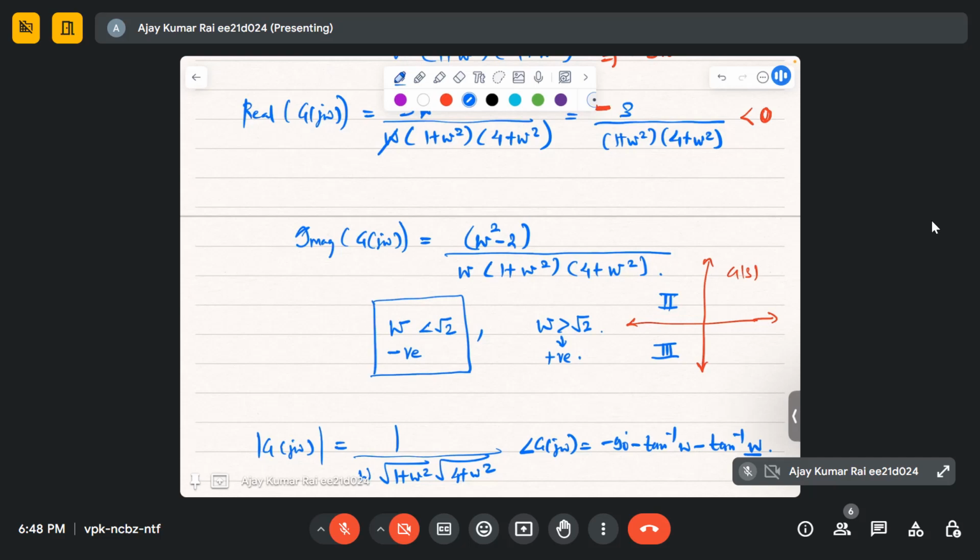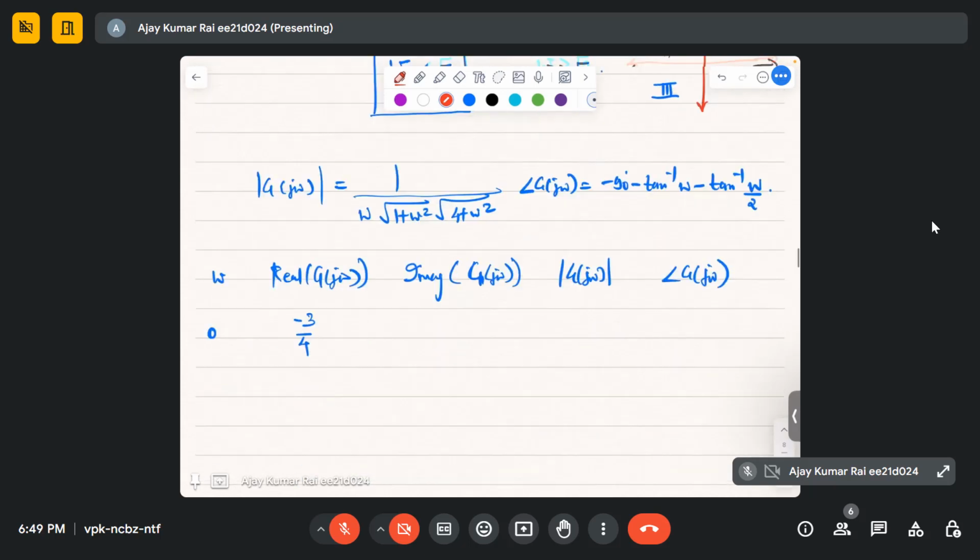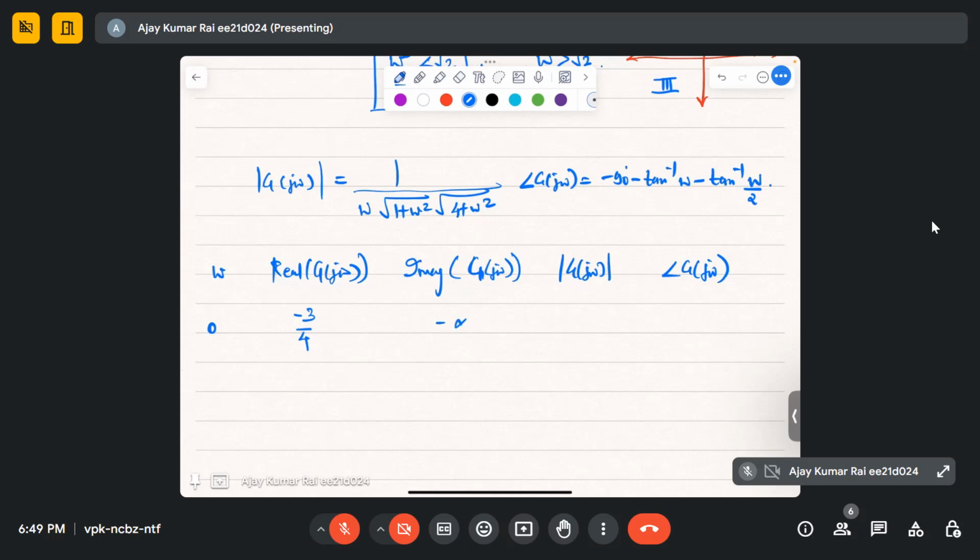In the numerator 0 minus 2, and in the denominator 0 into 4. So this will be minus 2 by 0, which will tend to minus infinity, right? So what is the magnitude? Magnitude will be infinity.